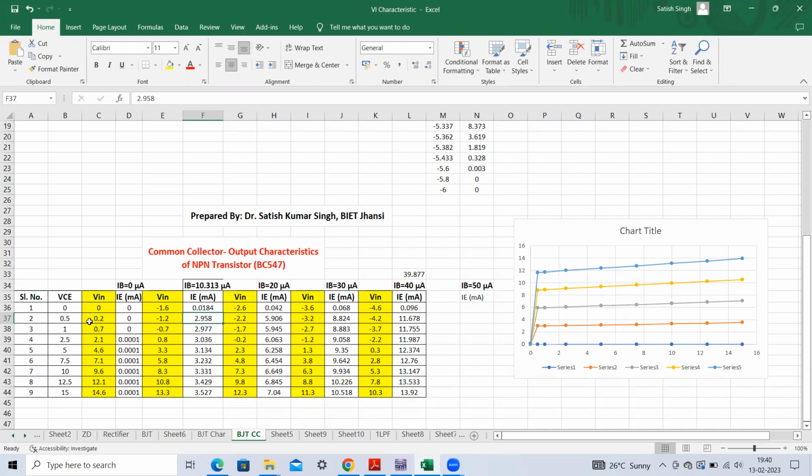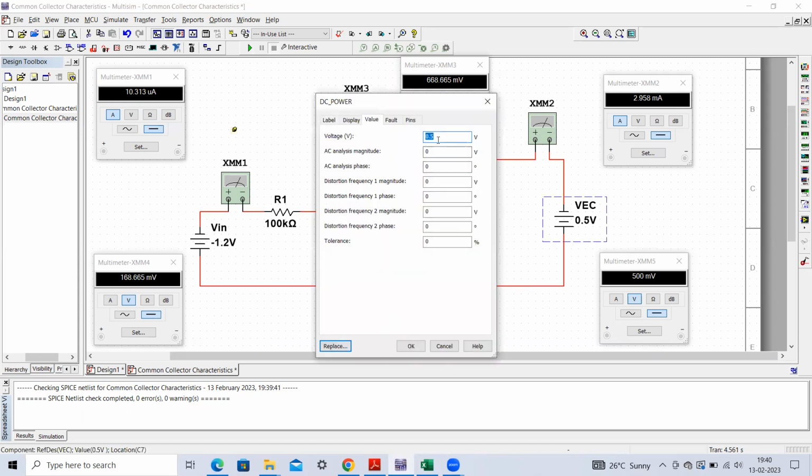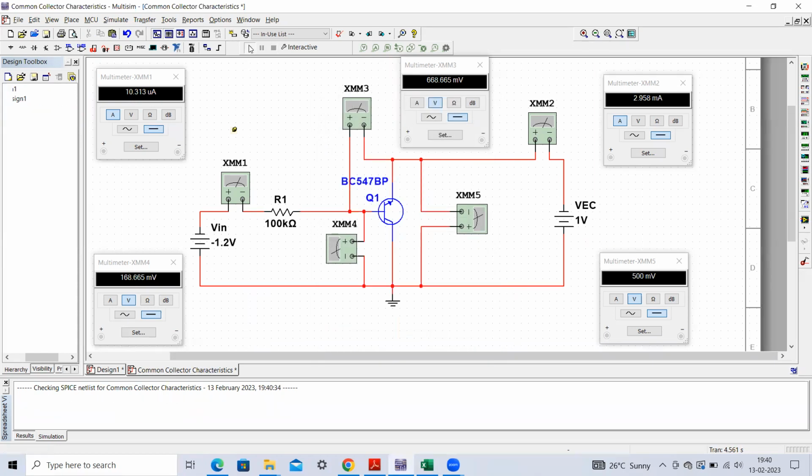Similarly, if you change this collector to emitter voltage to 1 volt, you will again observe that this base current is not constant; it will fluctuate. If you make it 1 volt and execute the circuit, you can see that this base current has changed to 15.197 microamperes because of the base width modulation.